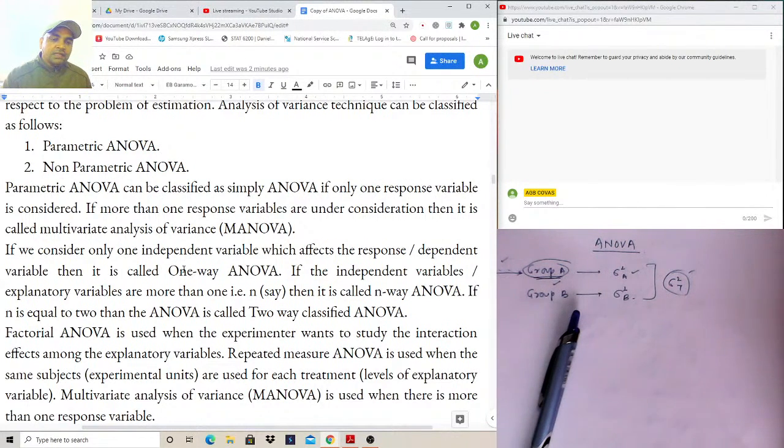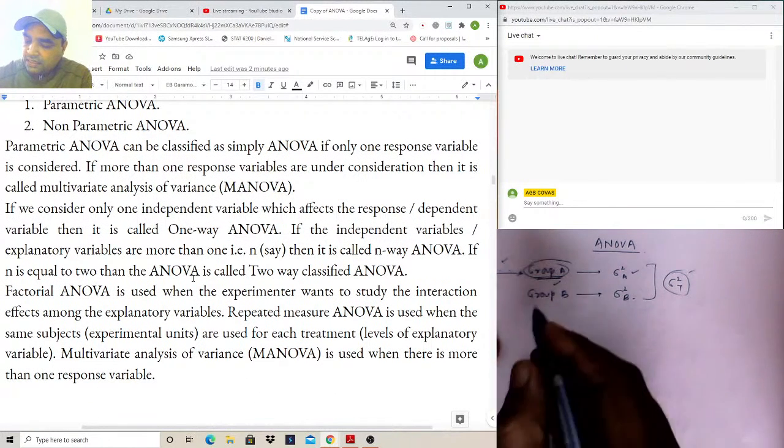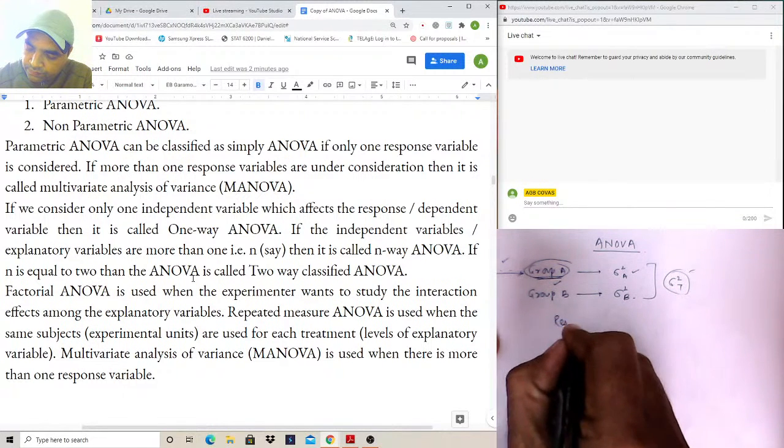So we will be considering only one response variable, either height or weight. If we take more than one response variable, then it is known as MANOVA, multivariate analysis of variance.